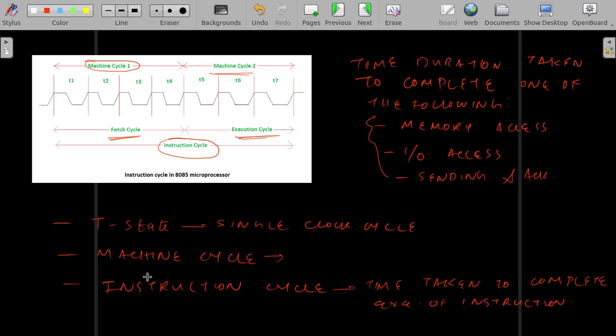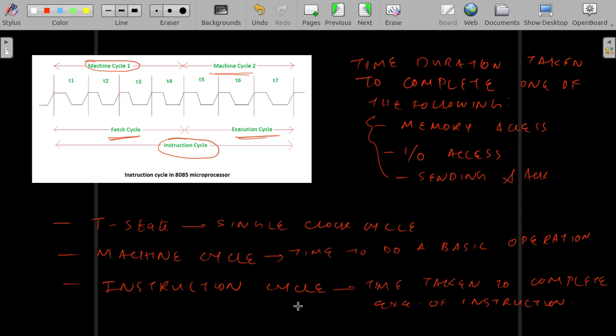Then the machine cycle is the time required to do a basic operation, and then some of these basic operations come together to execute an instruction. That is called an instruction cycle.